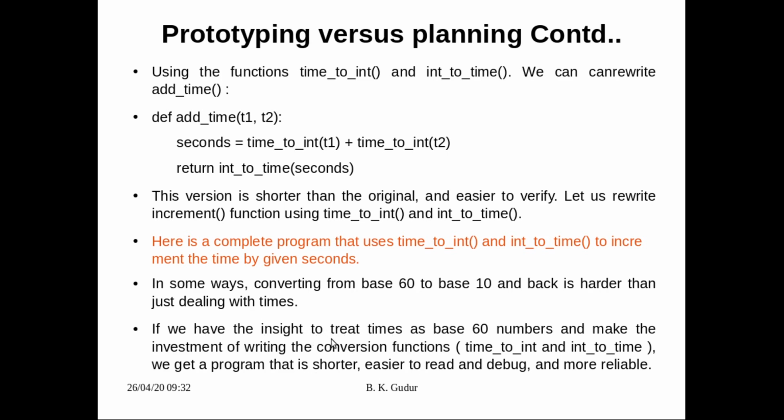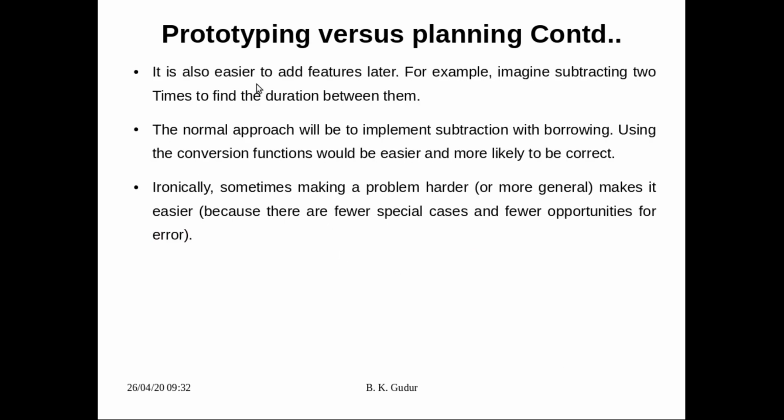If we have the insight to treat times as base 60 numbers and make the investment of writing conversion functions like time to int and int to time, we get a program that is shorter, easier to read and debug. Debugging will be easier, and such a program will be more reliable. It is also easier to add features later. For example, if we want to subtract two times, it will be difficult.